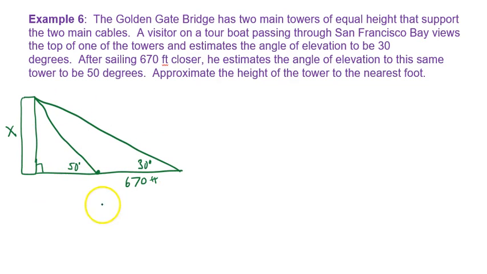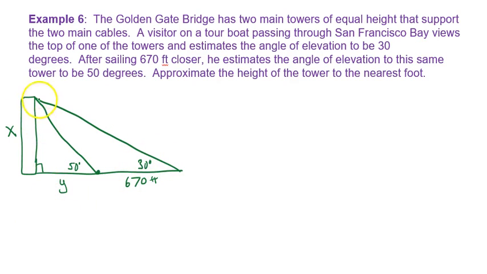Now, having done a bunch of these problems that end up like this, where you have a triangle that's kind of inside of a bigger triangle, you don't quite have enough information unless you find this missing distance here. So even though it's not what we're trying to find, I'm going to give it a variable y, because we're going to need that. Now, some people can look at this and make their two equations. Others have to separate this into two triangles.